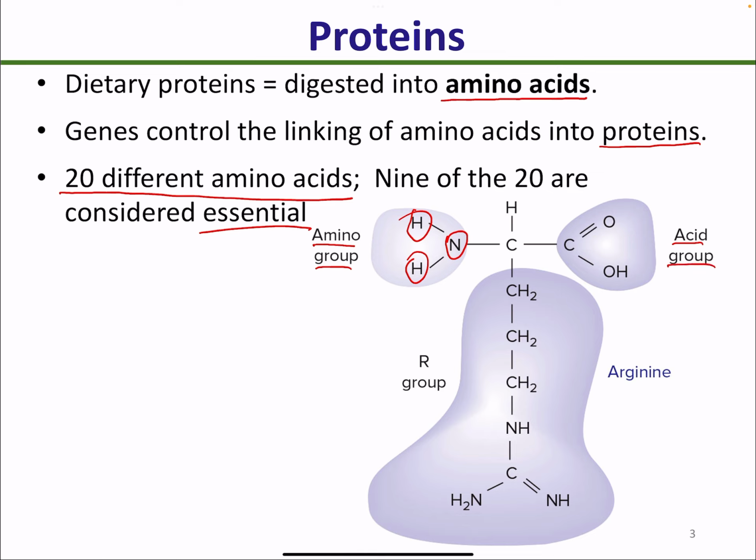That acid group, it's COOH. Then you're going to have a side chain. That side chain is called the R group. That R group, it's what varies from one amino acid to another amino acid for the 20 different amino acids that exist in our system. All right? So that side chain is going to vary from one amino acid to another.